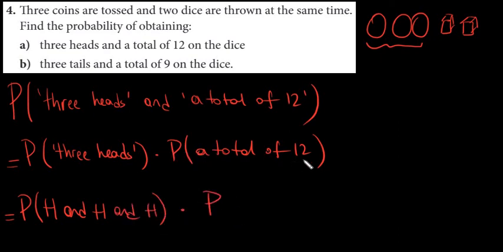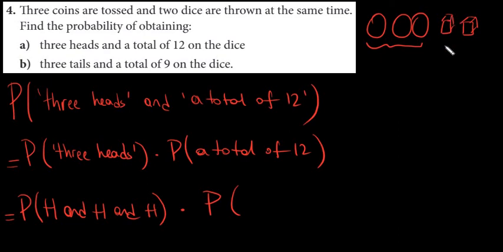So, now let's look at this one. A total of 12. How can I get a total of 12? 6 plus 6, right? On these dice, I must have 6 and 6. Otherwise, it is not possible, because I don't have 7 on the dice.